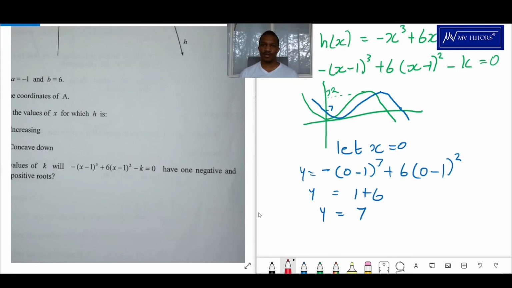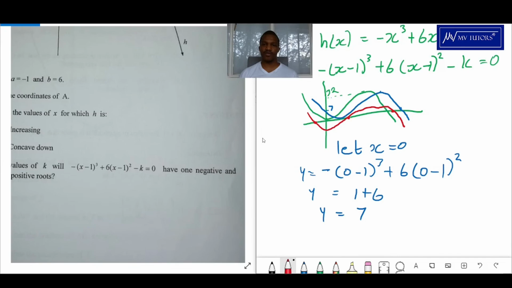It's this blue one. If we shift it down, that's going to be more than 7. It's going to do this, and it's going to come here. It's going to turn there and be like that. So now look, it has two roots there that are positive, and one root that's negative. That's exactly what they want.